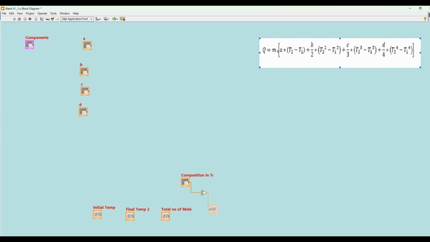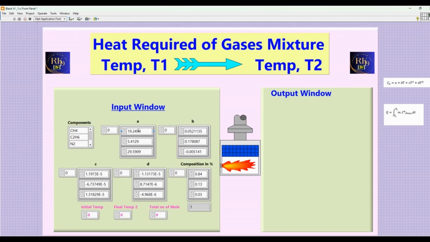This A is for the individual gas component, but here we have the mixed gas. So we have to take A into the composition of gas 1, A into the composition of gas 2, and so on. That means this A should be multiplied with the gaseous composition, and then I'll add it. This will give you your A, and then I'll multiply with the temperature.